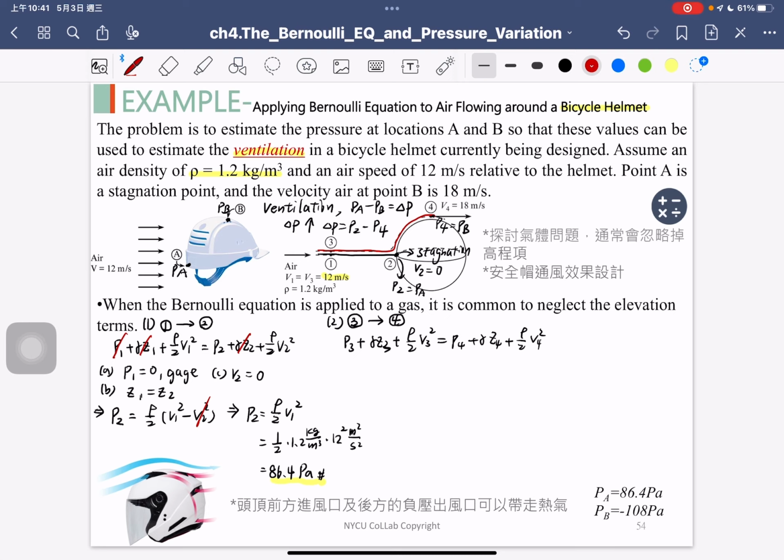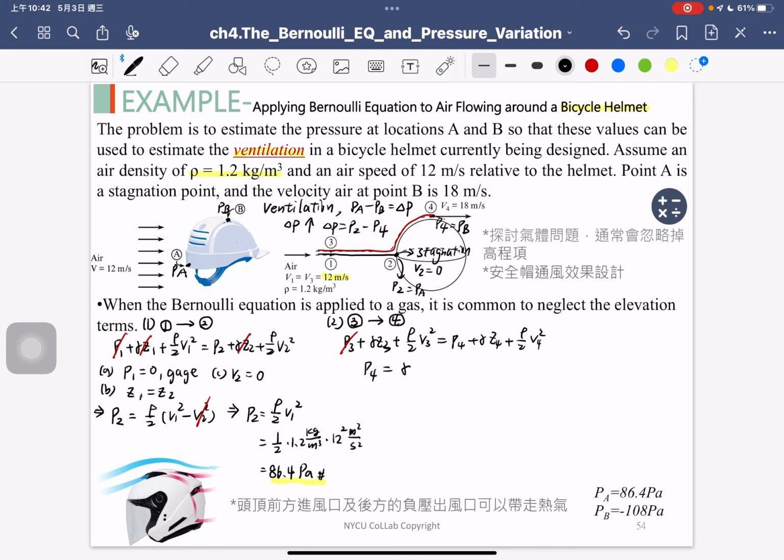The first one is P3, because it is exposed to the atmosphere, so there is no gauge pressure. Then our target is the P4 value, so we keep P4 and move all the other parameters together.